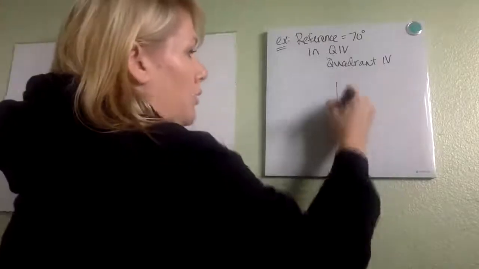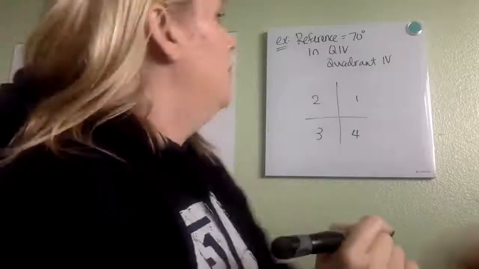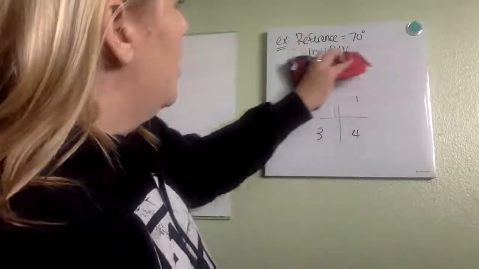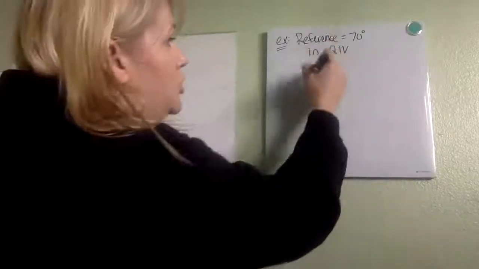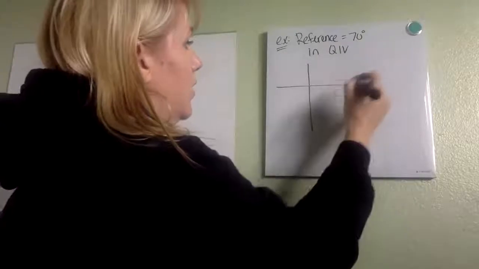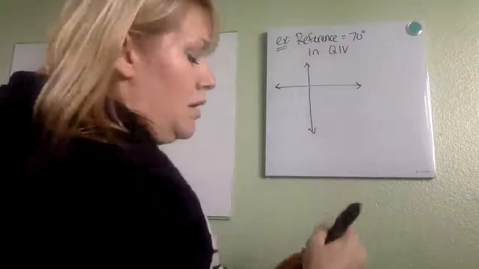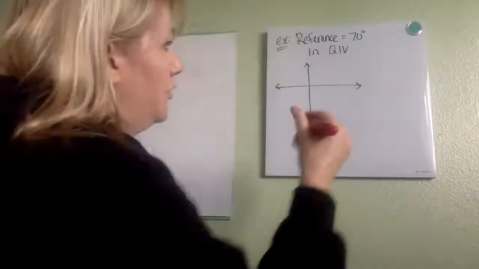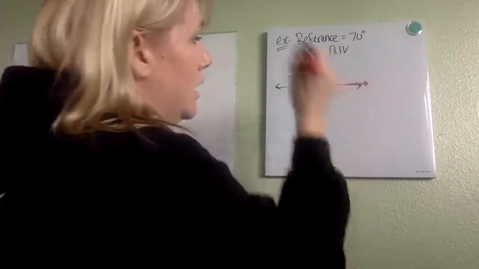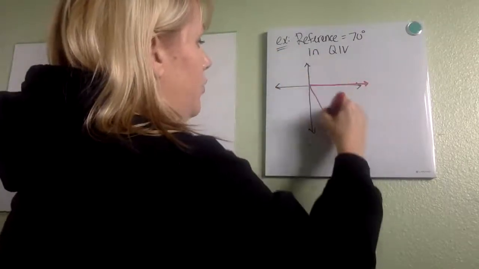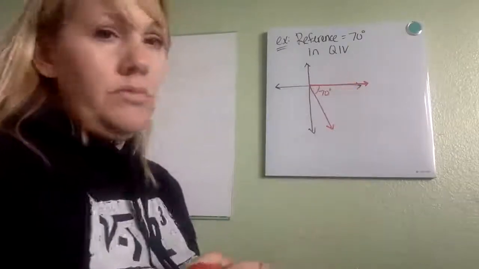The quadrants are 1, 2, 3, 4, like so. So if I draw a picture of this, similar to the picture we just did, I'm talking about an angle in the fourth quadrant. Here's my initial side sitting on the positive x-axis, and my terminal side sits in the fourth quadrant with a 70-degree reference angle.